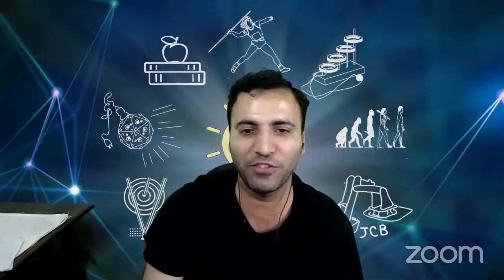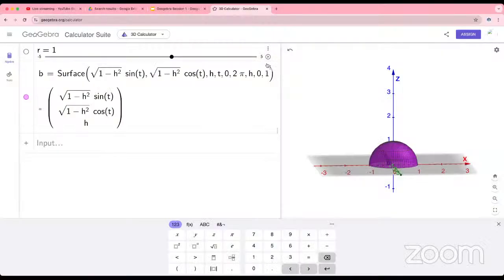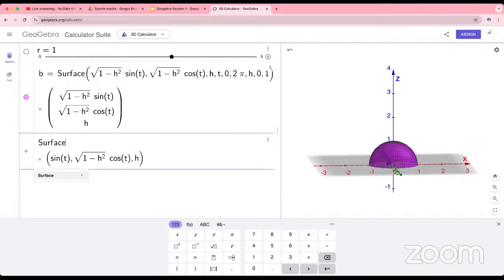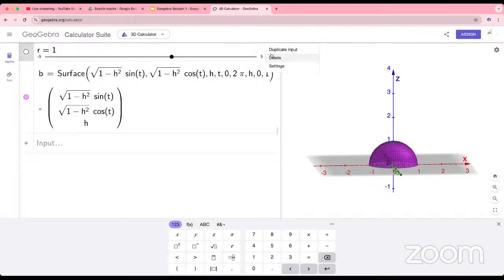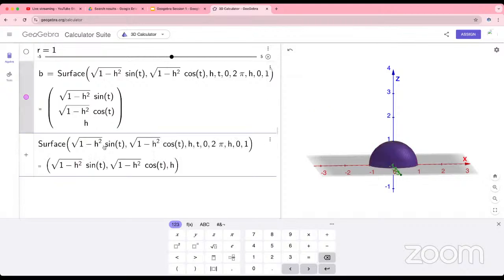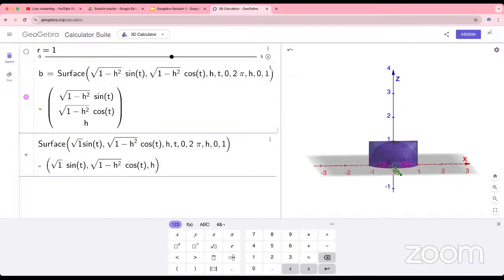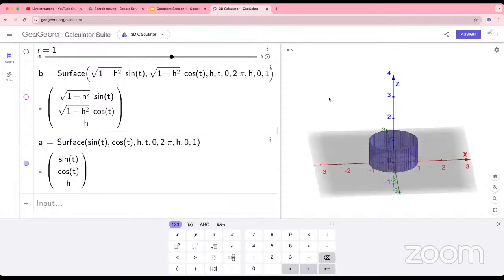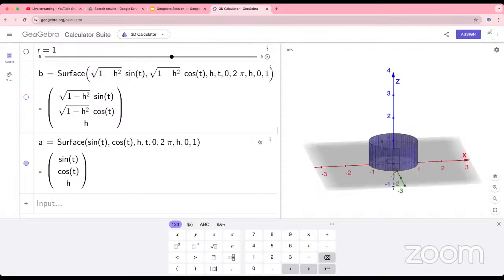All right, let's try to compare all of them. This is your cylinder, where the radius was remaining constant at 1, and this is your cone.